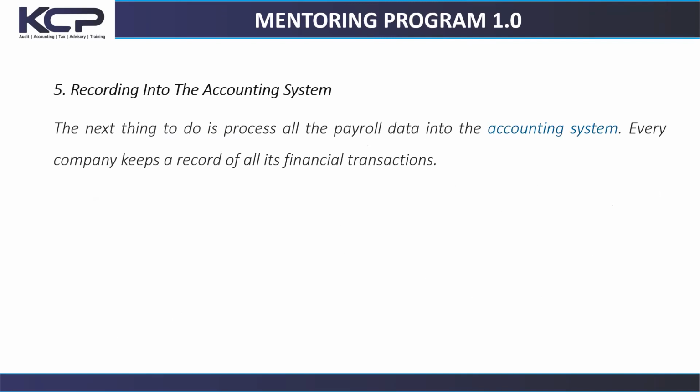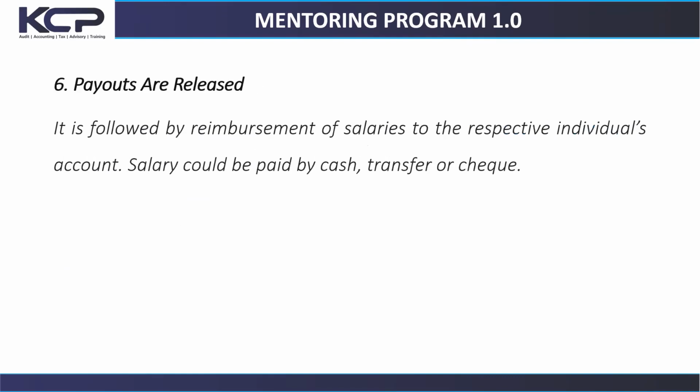Now, how do we feed or post these into our various books? So the next thing to do is process all the payroll data into the accounting system. Every company keeps a record of its financial transactions, right?